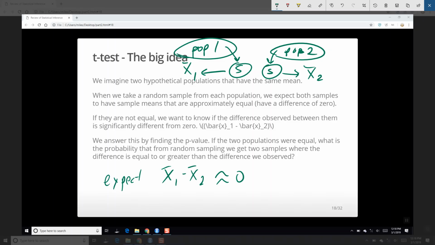If mu1 is equal to mu2, then the random sample from population 1 should be close to mu1, and the random sample drawn from population 2 should also be close to that. Of course, because they're random, we're not going to get exactly 0. So the question is whether our observed difference, X bar 1 minus X bar 2, is statistically significantly different from 0.